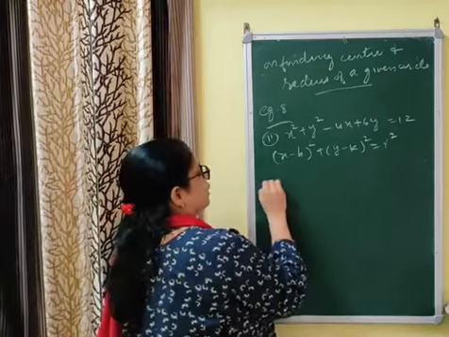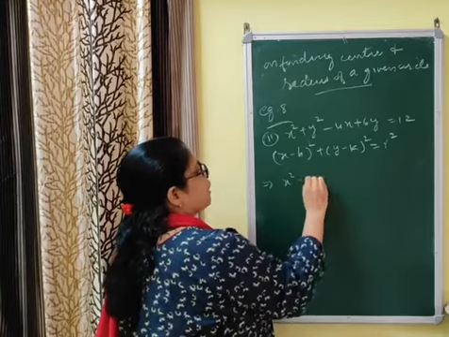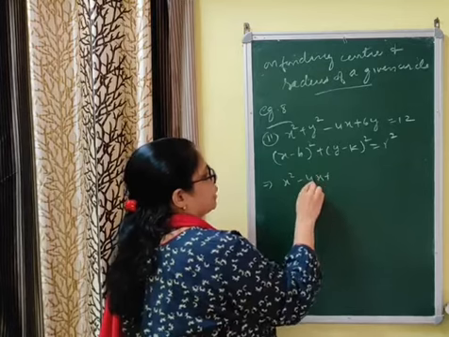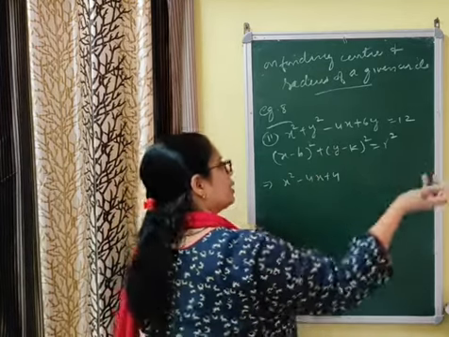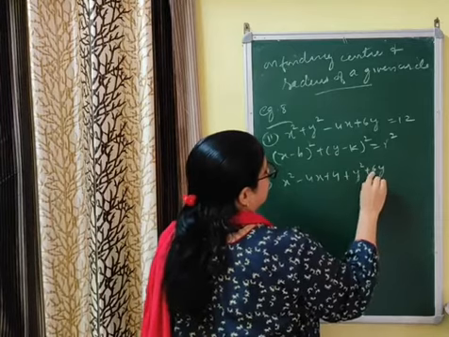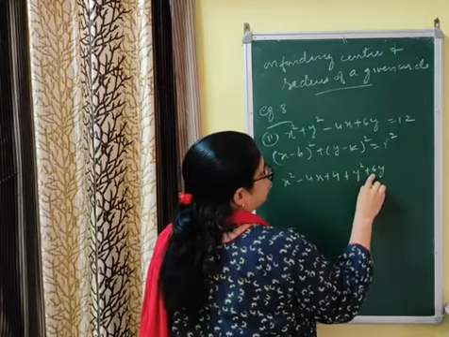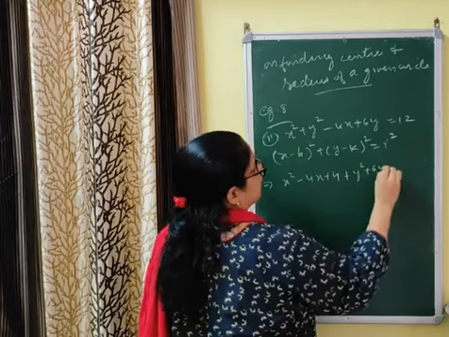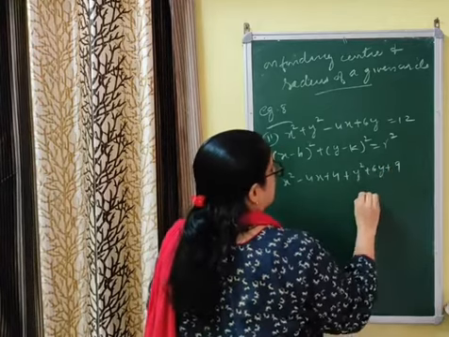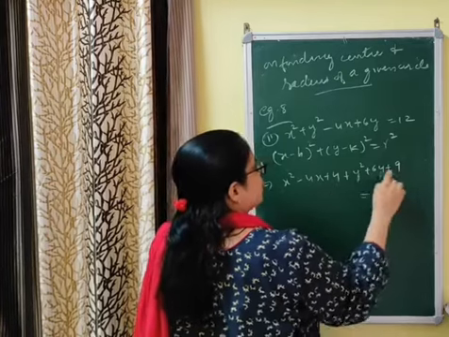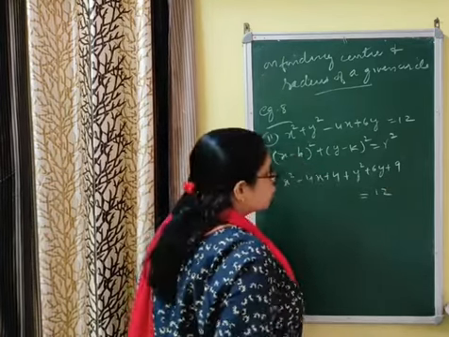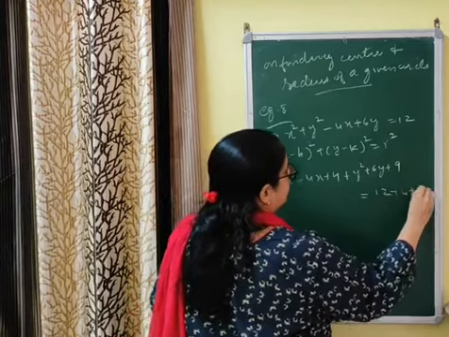So x square minus 4x, a square minus 2ab, where b is 2, so I am adding 4. You have to add there also, plus y square plus 6y, that is y square plus 2 into y into 3, where b is 3, so 9. Since we are adding 4 plus 9 here, you have to add the same thing on the right side, that is 12 plus 4 plus 9.